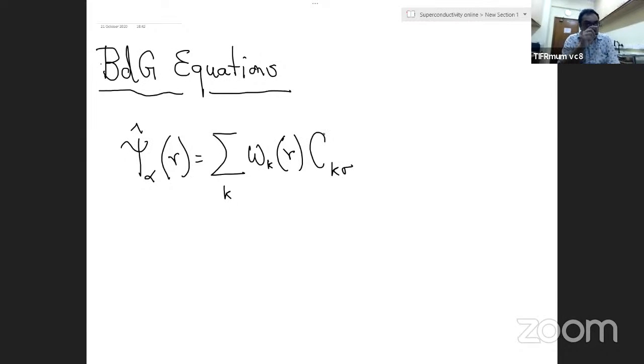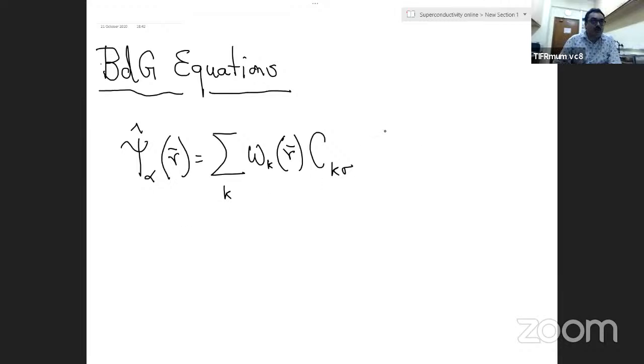This is what we have learned right at the beginning when we learned second quantization. If you have to create a creation operator or an annihilation operator at position R, then you need to sum over all k space with a specific weight factor that is given by Wk.